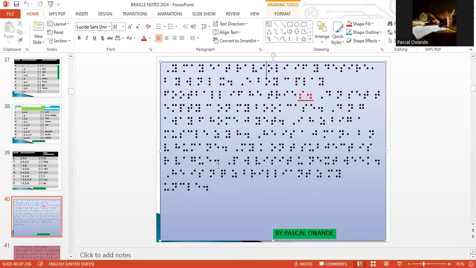Rather vague, full stop. And then we have letter P preceded by dot 6, showing that it's capital P. So P represents a simple upper word sign that represents the word people. So we say that people will visit. Letter V, letter I, letter S, letter I, letter T. So we say that people will visit us.